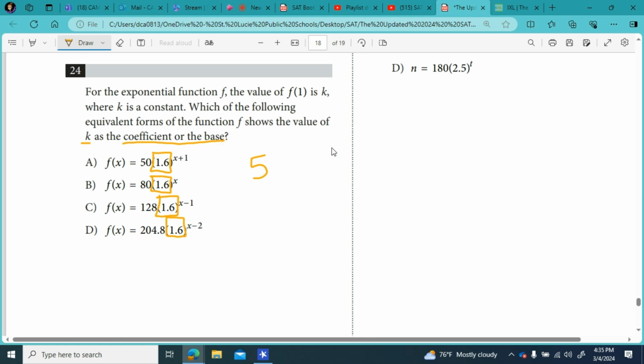So we would want here, like if I put 5 to the power of 0, that equals back to 1.